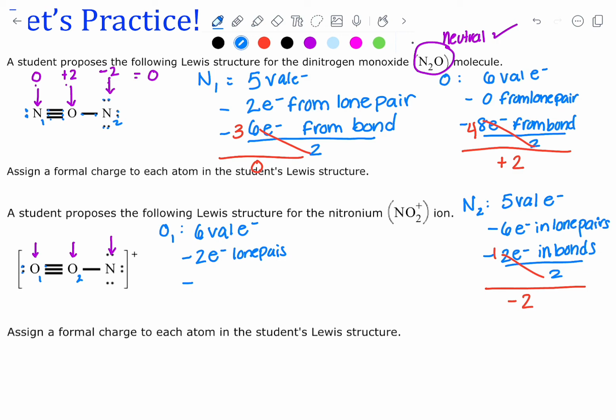And it has 1, 2, 3, 4, 5, 6 electrons from bonds that we're going to divide by 2 and simplify to 3. So we have 6 minus 2 minus 3, so that gives us an overall charge of plus 1.